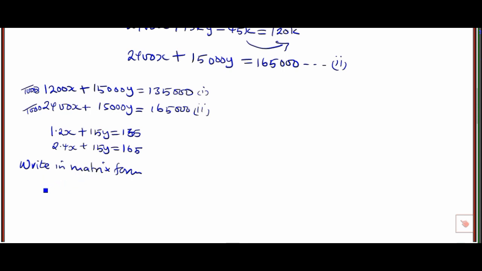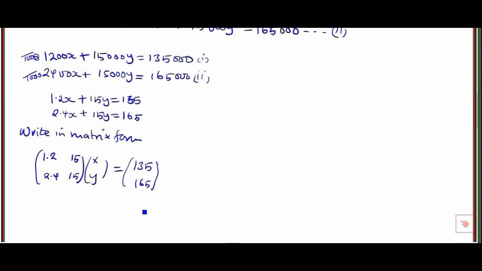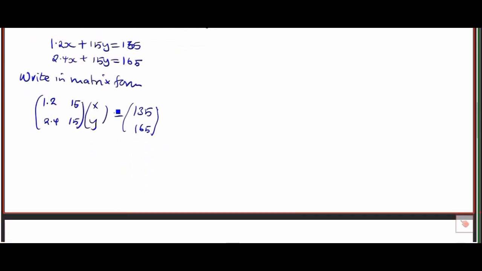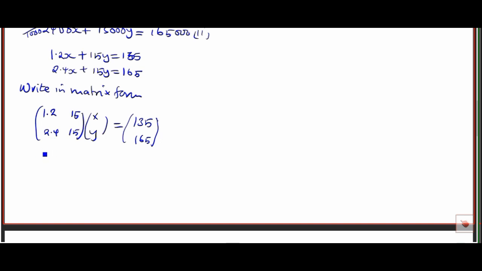To write in matrix form, you just pick the values the way they are. So 1.2 here and 2.4, 15, 15, and this is multiplied by x, y, and this equals 135, 165. So you have written it in matrix form.